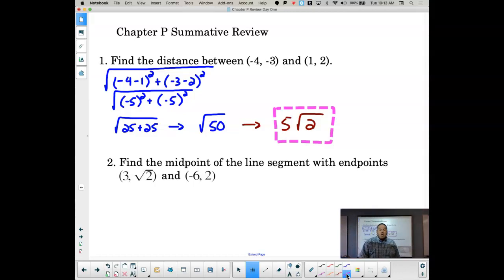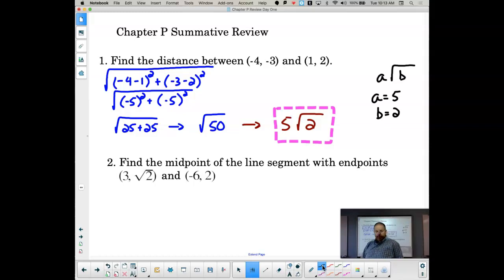Now, if it comes up on the test, we would want you to put something like this in the form of a square root of b, and then the answer here would be a equals 5 and b equals 2. Okay?